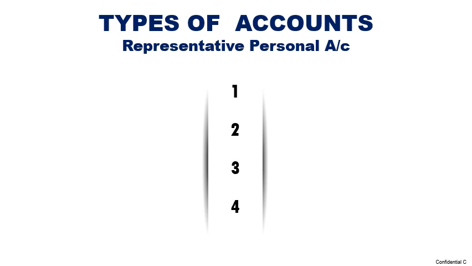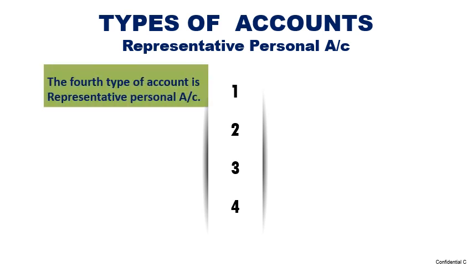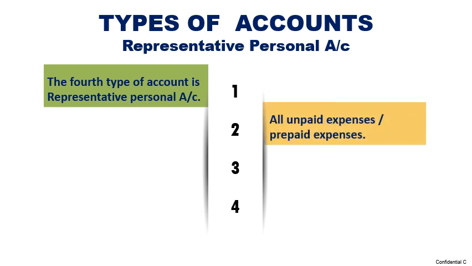Let's understand the fourth type of account. We call it representative personal account. Here we are talking about receivables and payables, like unpaid expenses and prepaid expenses.